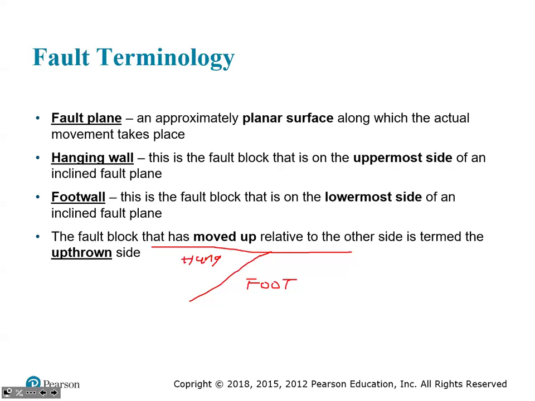That's the footwall because that's where your feet go. It's where you walk if you're cutting a mine through this. And the fault block that has been moved up relative to the other side is termed the upthrown side.